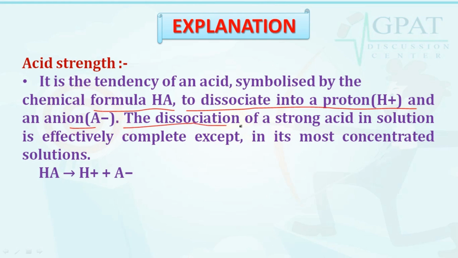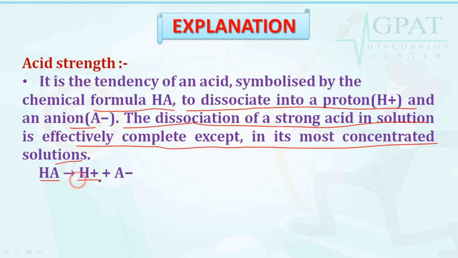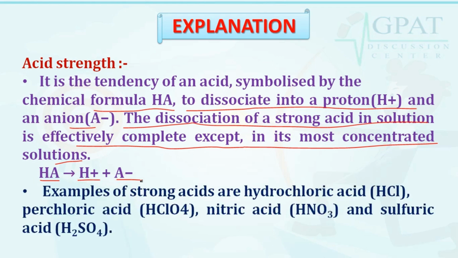The dissociation of a strong acid in solution is effectively complete except in its most concentrated solution. It breaks down into the proton and an anion. Examples of a strong acid are hydrochloric acid, perchloric acid, nitric acid and sulfuric acid. These are the strong acids.